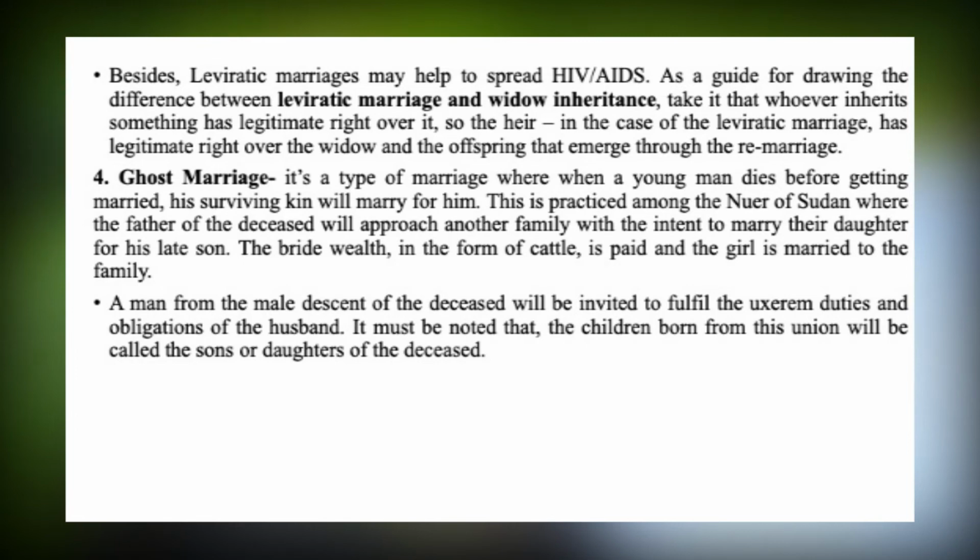And in this type of marriage, after the marriage ceremony has been conducted, the family of the deceased young man brings the girl to their house as their wife. And then they select a member of their family to perform for the woman the responsibilities and duties that the deceased man would have performed for her as a husband.